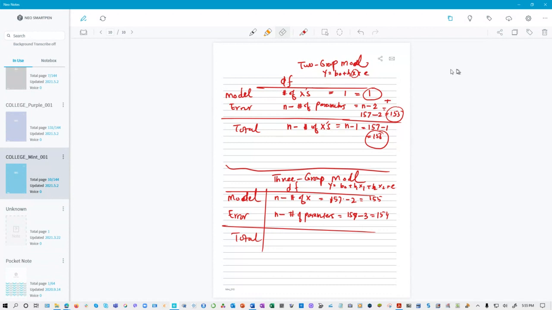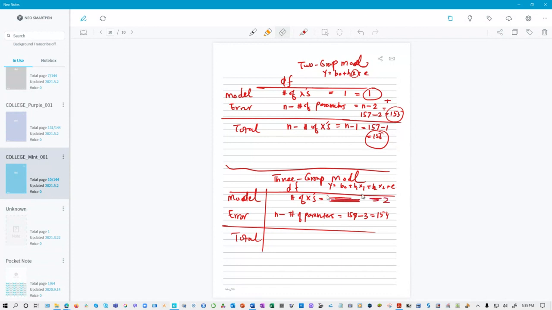Sorry, not this one, not number of x only. Number of x is 2.